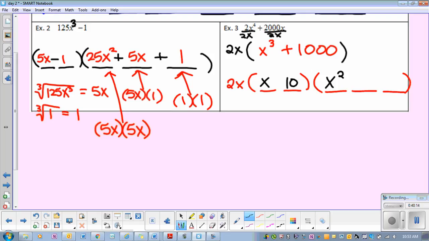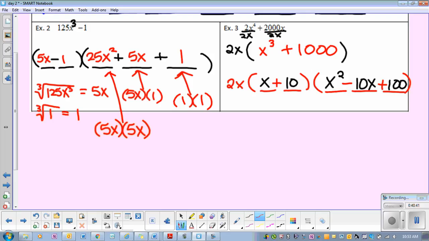What goes here? 10x. And what goes here? 100. Now, tell me about the signs. Same, opposite, always plus. Okay? Is this okay? Is anyone completely lost?